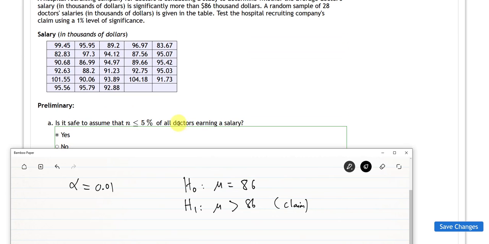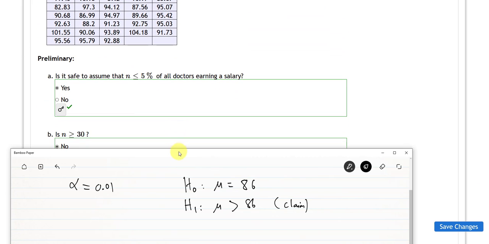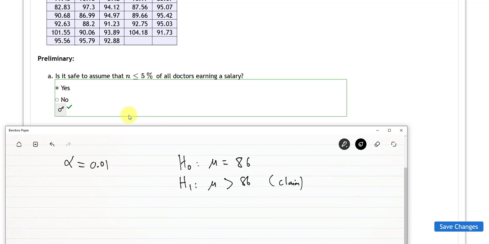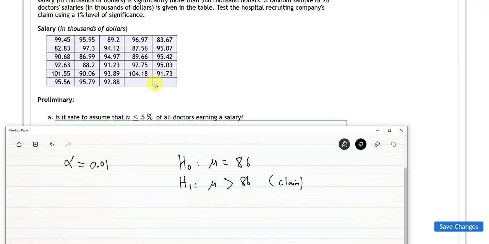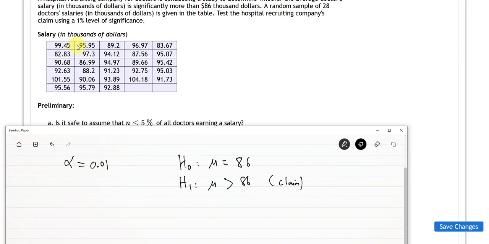Now, before we do the claim, make sure that we also check that it is safe to assume that the sample size is less than or equal to 5% of all the doctors earning salary. And we are looking at 1, 2, 3, 4, 5, and then we have 25, 26, 27. We have only 28.